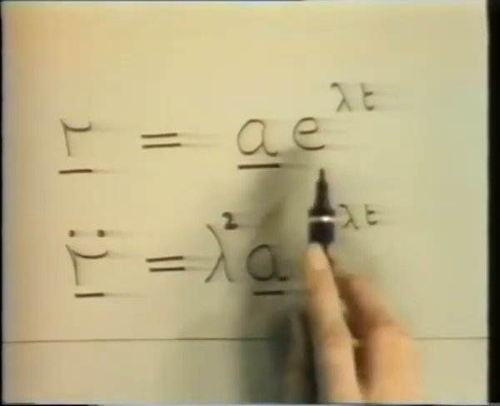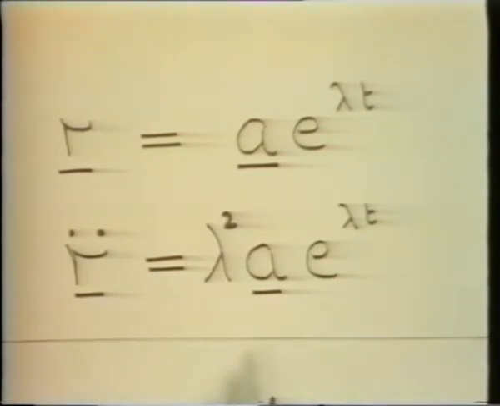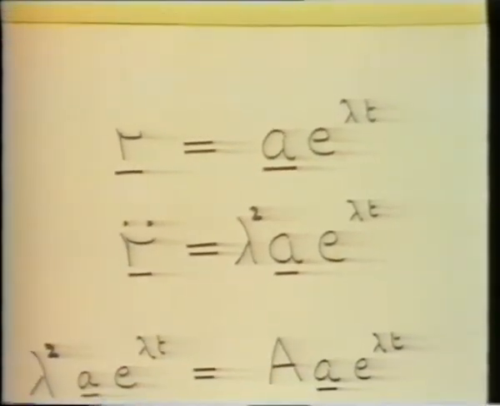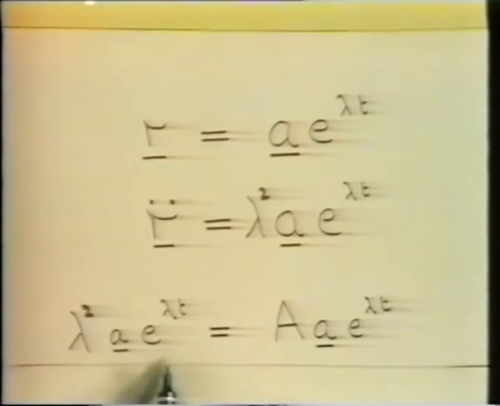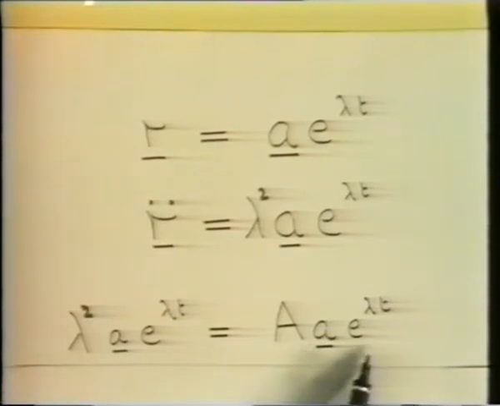The only thing that's varying is e to the lambda t. And when I differentiate that, I get lambda squared e to the lambda t. Now I substitute back into my original differential equation. So I get this. There's r double dot equals the matrix A multiplied by what I'm trying for r.